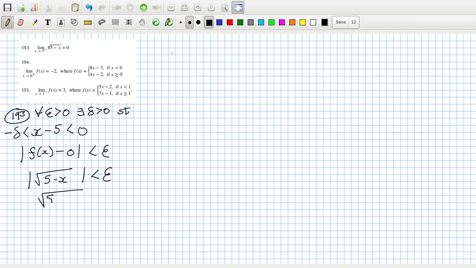So root 5 minus x less than epsilon. 5 minus x less than epsilon squared. Multiply by minus 1. So x minus 5 more than minus epsilon squared, or in other words, minus epsilon squared less than x minus 5. So the delta would equal epsilon squared.